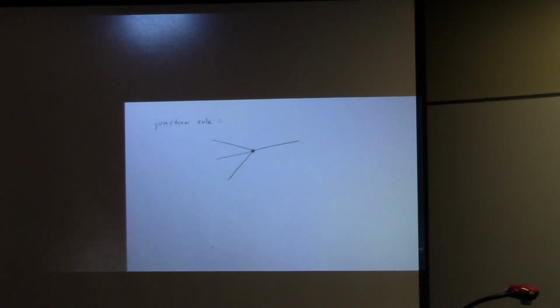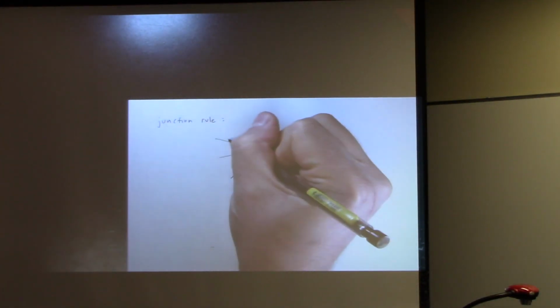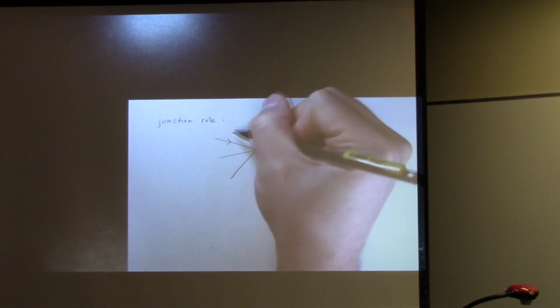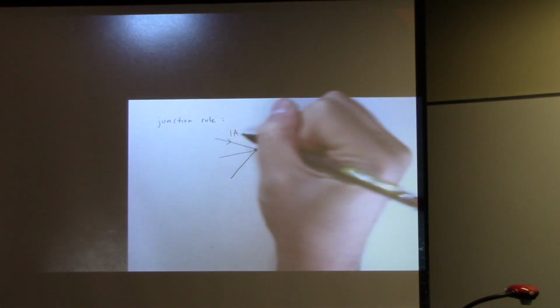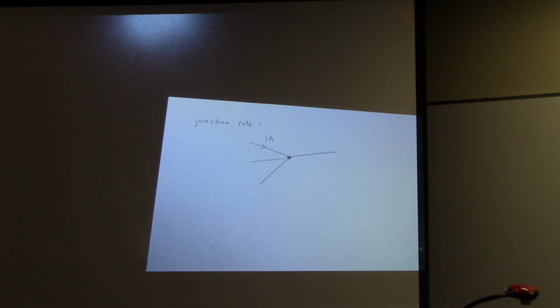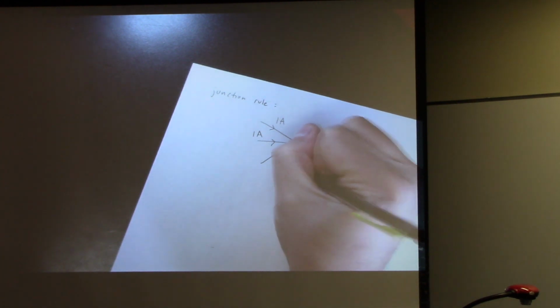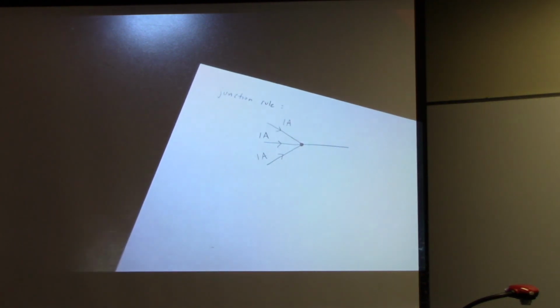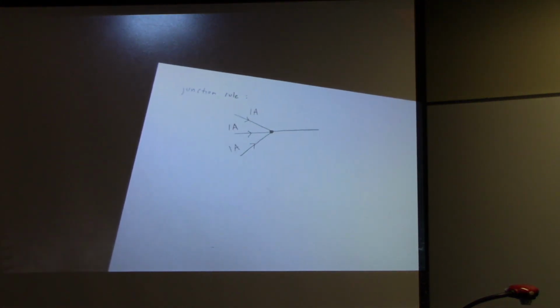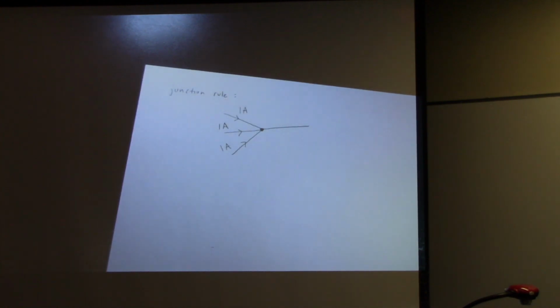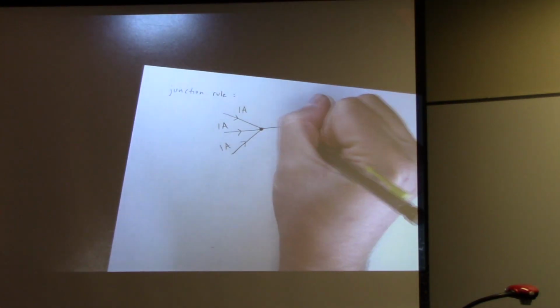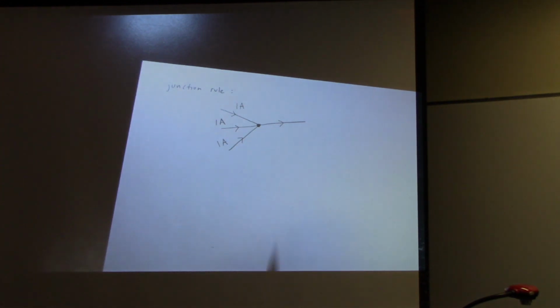Let's put some currents in this diagram. For simplicity, let's say we have 1 amp of current going into the junction here, 1 amp going into the junction here, and 1 amp going into the junction here. So the question is, how much current do I have flowing out of this junction in this segment of wire here?